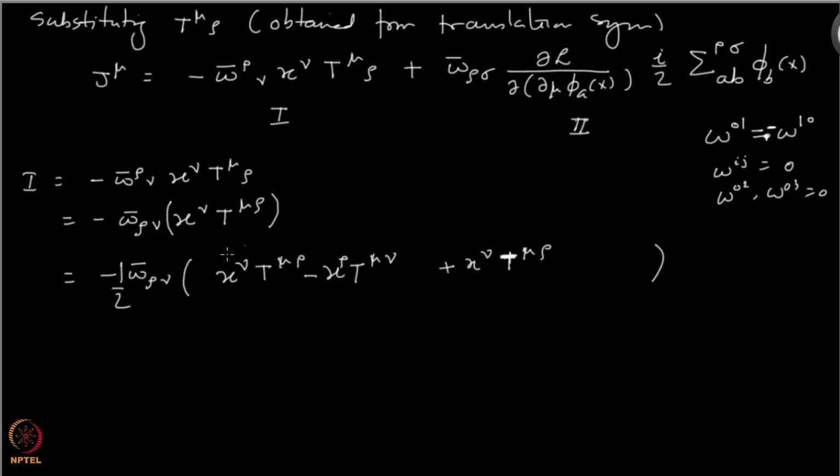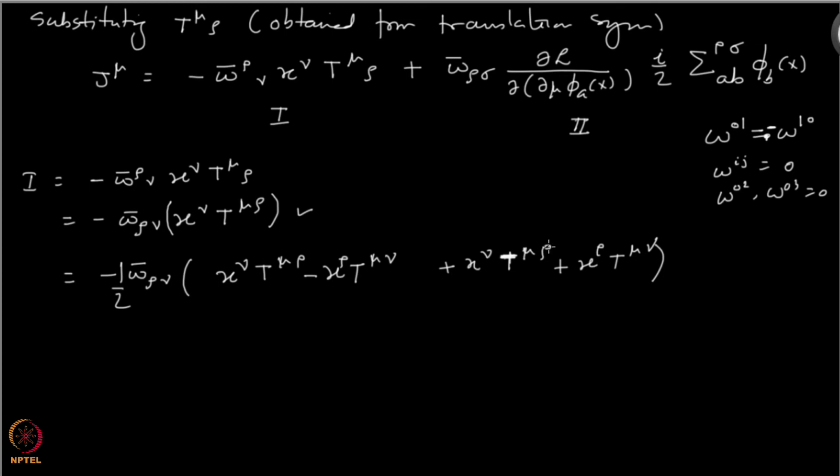So that this piece has now become, these two terms are antisymmetric under mu nu interchange. And because I have subtracted this, let me add the same thing back. So these two cancel and I have already taken care of half, so my expression is same as the above one, so the equality holds. And this one is of course symmetric under rho nu interchange.